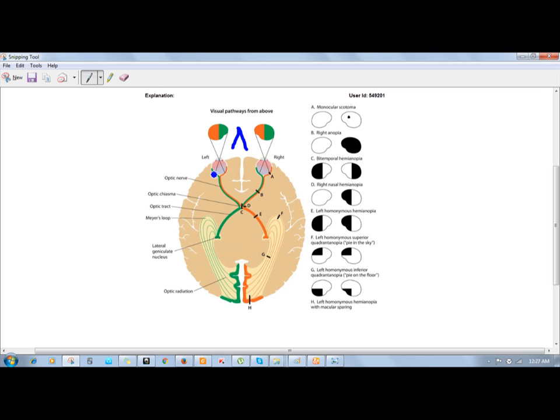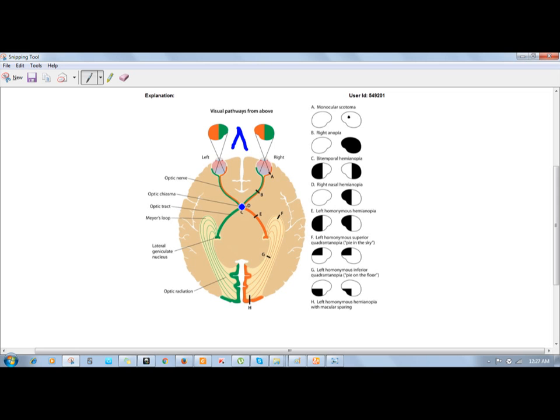So here the temporal fibers are shown in green and the nasal in this brick red color, and in the right eye the nasal fibers are shown in green and the temporal fibers in brick red. After those fibers emerge from the eye, it's now the optic nerve.